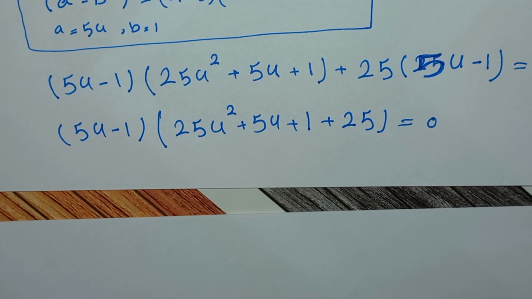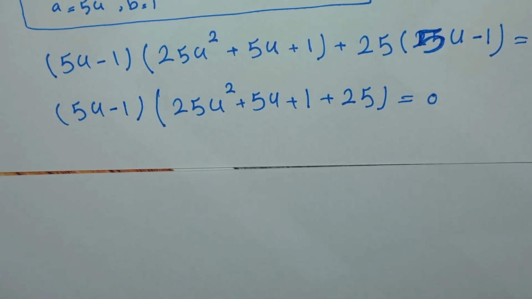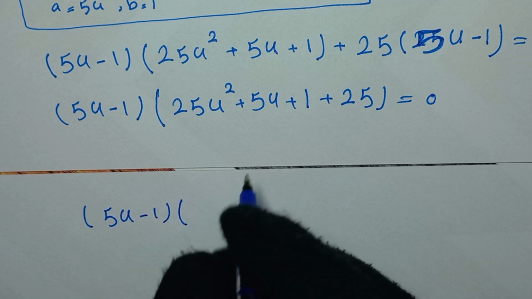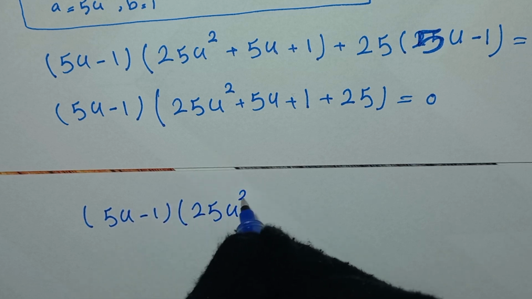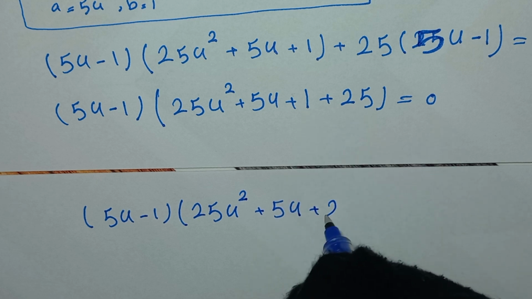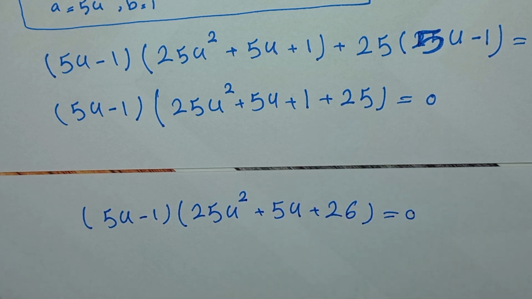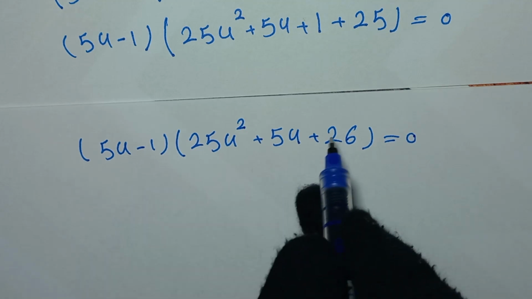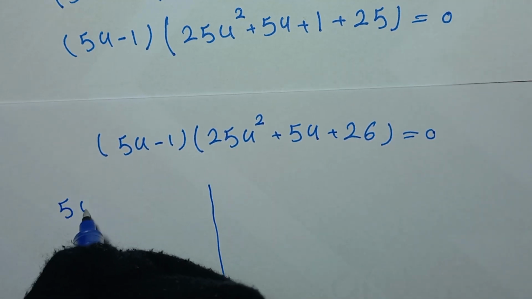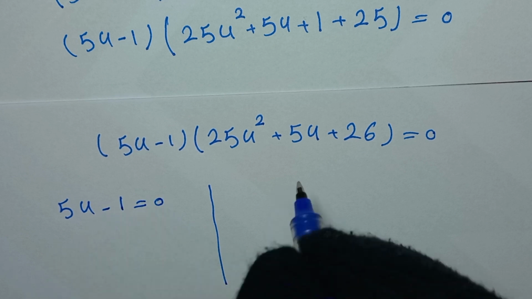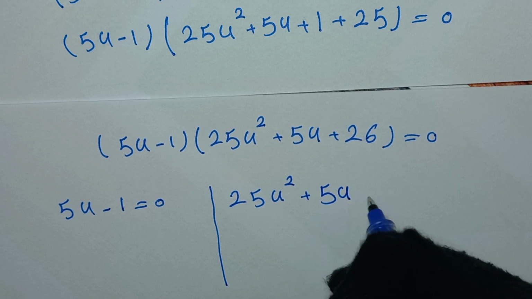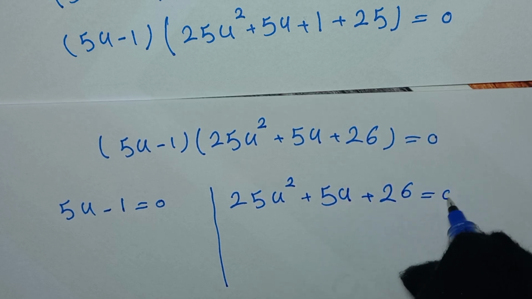And in the next step, it will be 5u minus 1 times 25u squared plus 5u, and 1 plus 25 will be 26, is equal to 0. So this times this will be 0, and here we have two solutions for u. 5u minus 1 is equal to 0, or 25u squared plus 5u plus 26 is equal to 0.